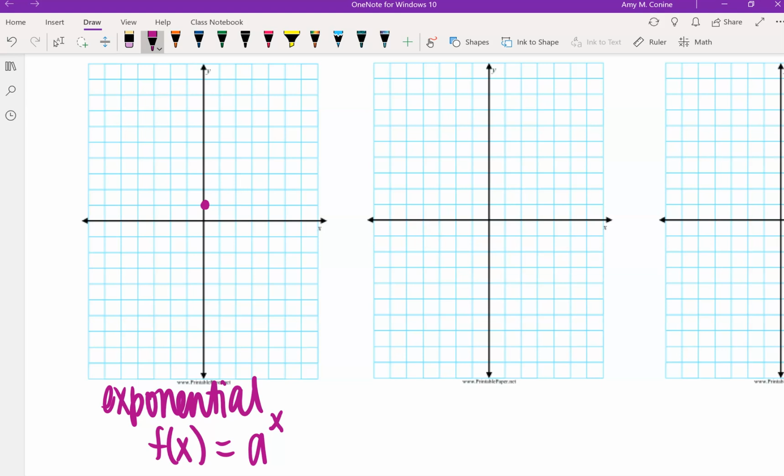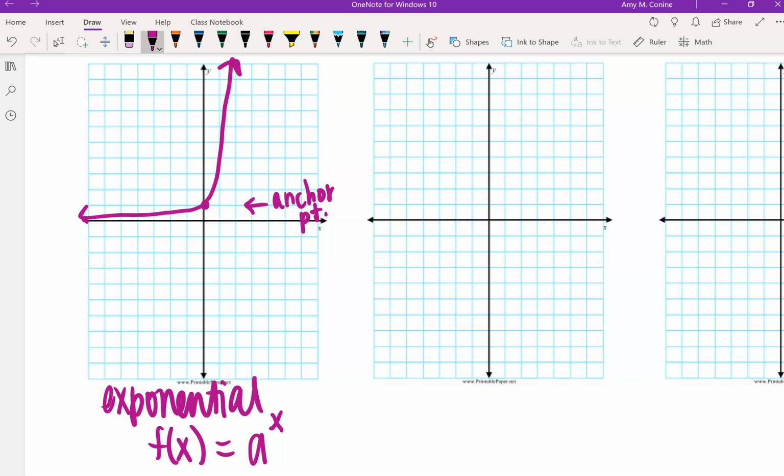So we call that an anchor point. It kind of anchors your graph. So when we transform our graph, you can use that to help move things around. It makes it a little easier. Then our exponential function is going to approach 0 but not equal 0. It'll go through that anchor point and go up. So our exponential function looks like that.